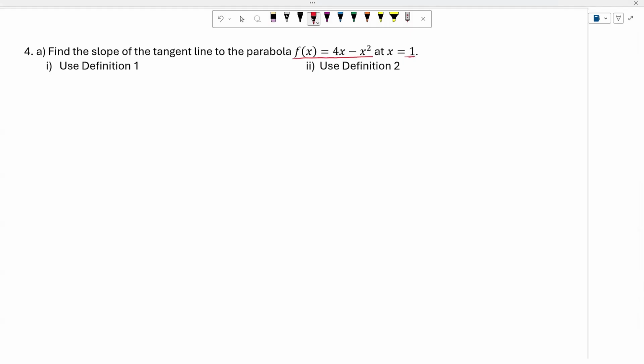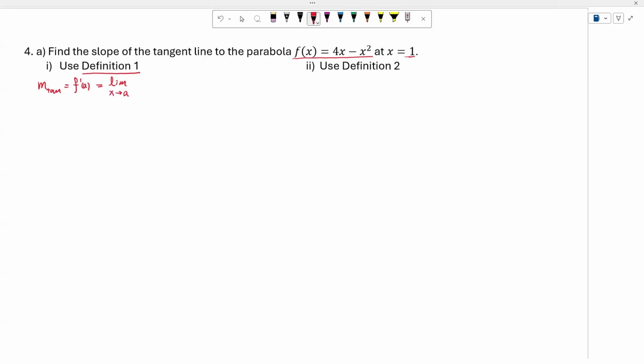Okay, so now, how do we work with this? Again, definition number 1: the slope of the tangent is equal to, in this case, f prime of 1, right? Then it is equal to the limit. Let me go back to the definition first.